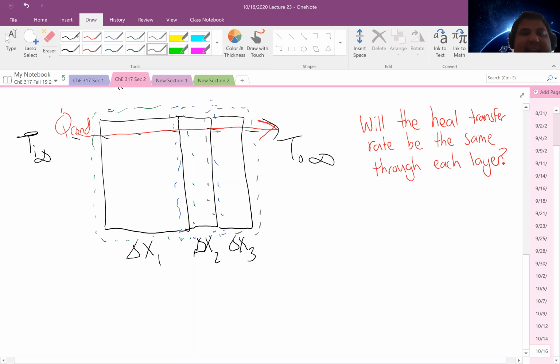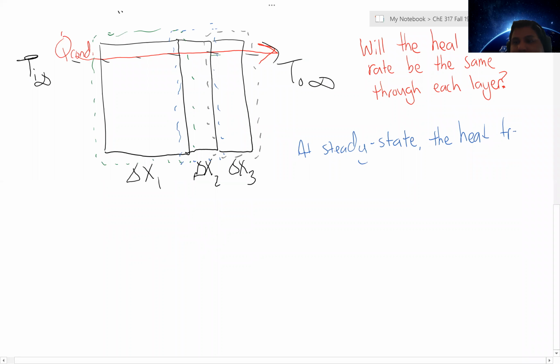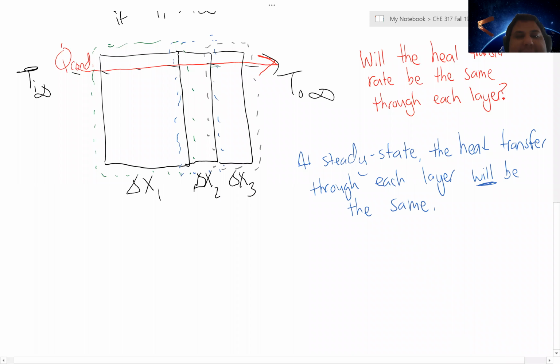And what that means is at steady state, the heat transfer through each layer will be the same. So all the heat going in comes out so that there's no net accumulation.